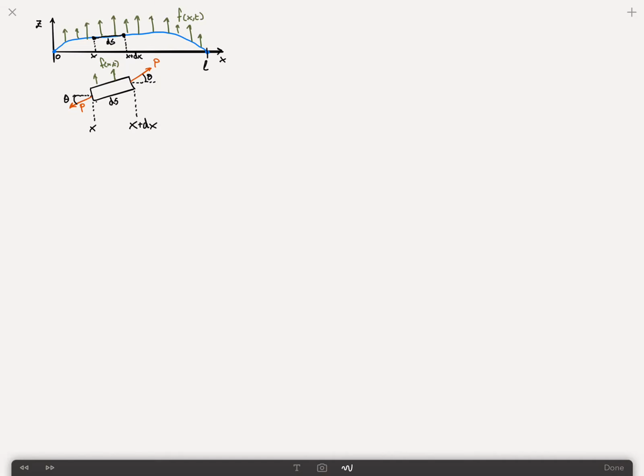I'll also say that the string has some density rho, which in this case is mass per unit length rather than mass per volume as we usually define it. All right, and the idea is I need to apply Newton's law to this differential slice.